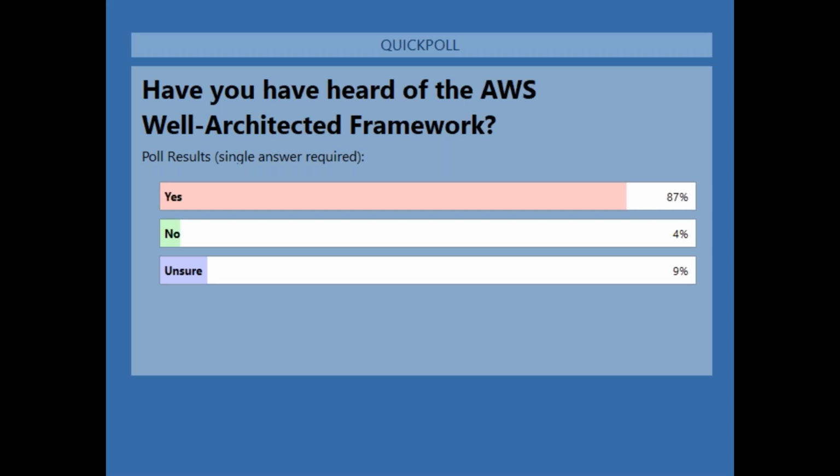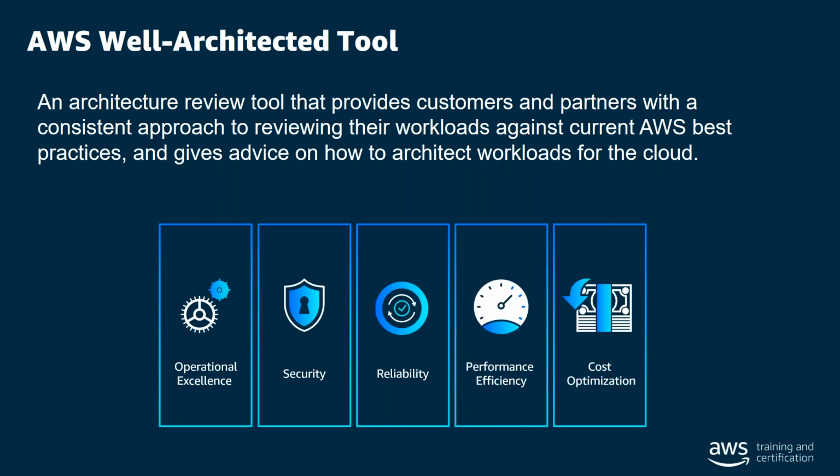So let's talk a little bit about the Well-Architected Tool. It is an architecture review tool that allows you to measure your implementation against best practices. The really important thing to understand here is that it's not an audit. What we're really trying to do is teach our customers and our partners the best practices for implementing things on the cloud.